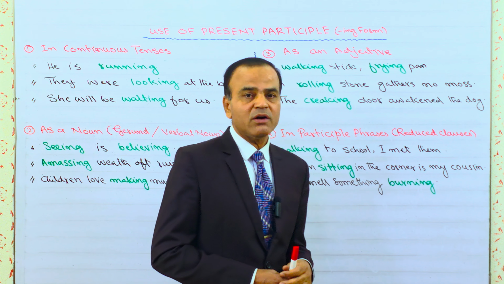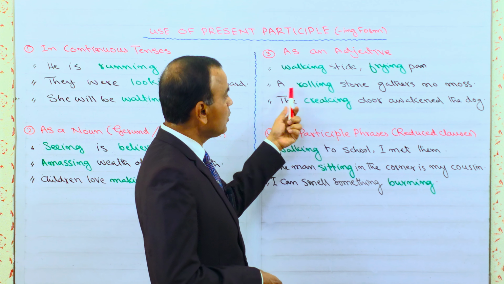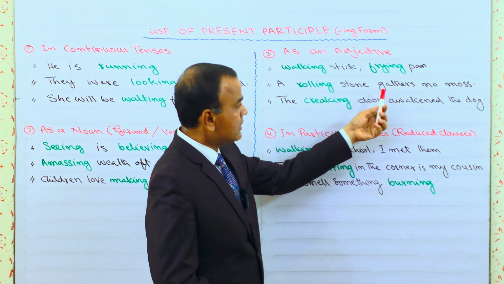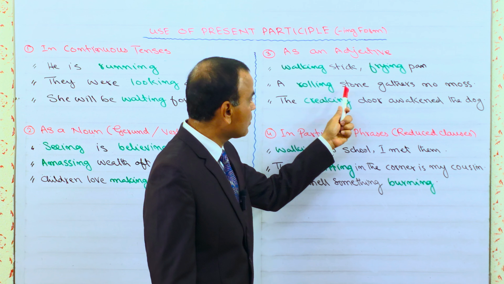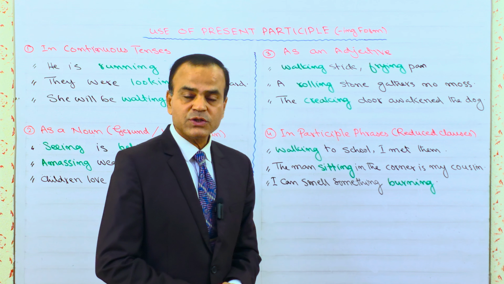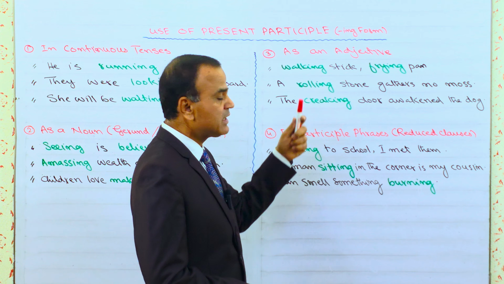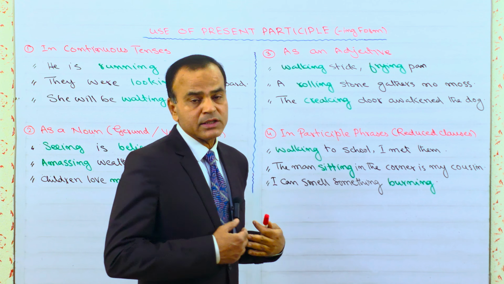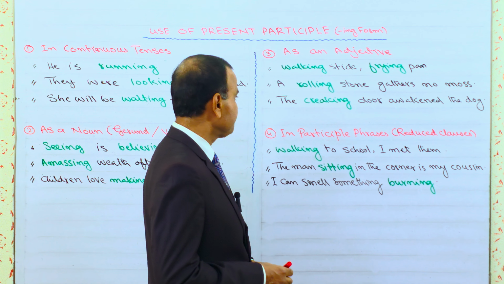First, I will start with a very common saying in English: a rolling stone gathers no moss. Here, rolling qualifies the word stone, which is a noun. So this ing form will be considered an adjective because it tells us something more about the stone, its kind and its type.